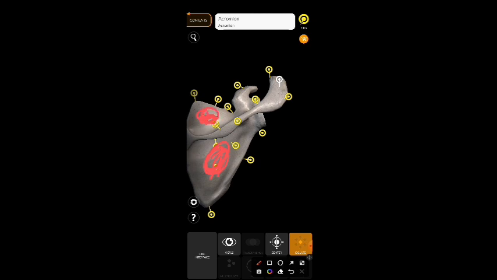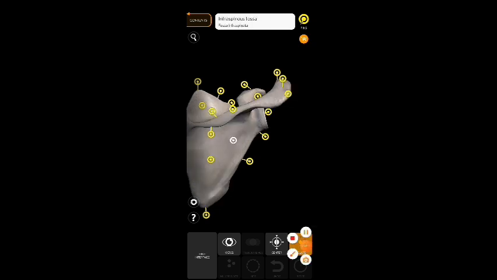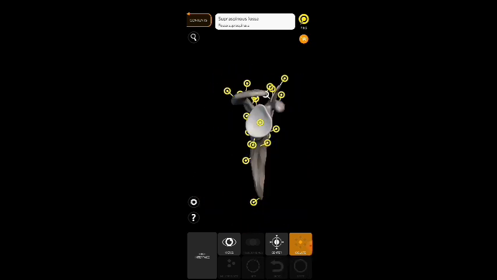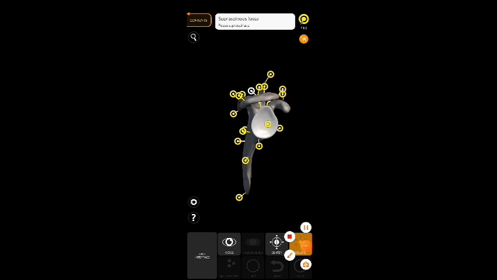They are known as the infraspinous fossa and the supraspinous fossa. On the lateral angle it has a glenoid cavity, which articulates with the head of the humerus.